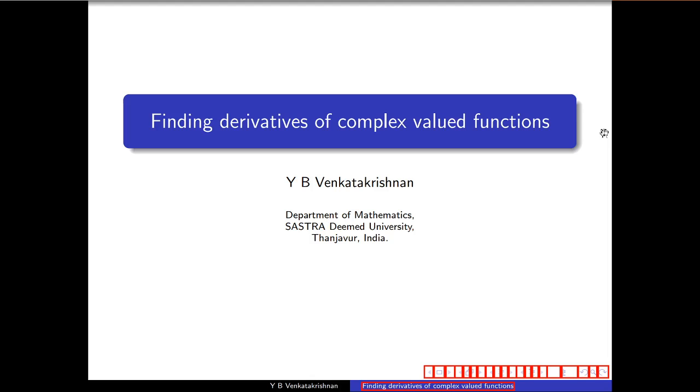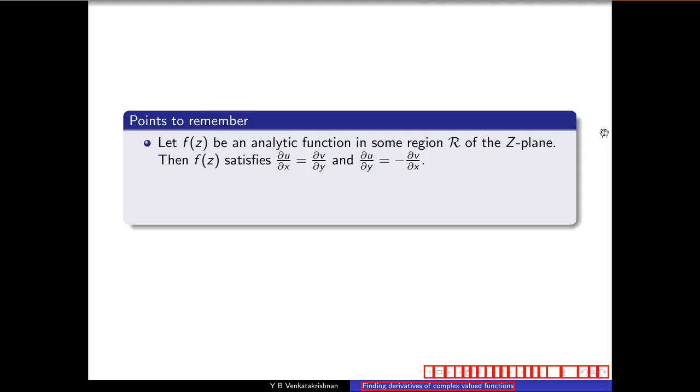And we all know that the complex valued function can be written as u plus iv, where u and v are real valued functions. Before finding the derivative of a complex valued function, we require some of the points which we have discussed in the previous lecture.